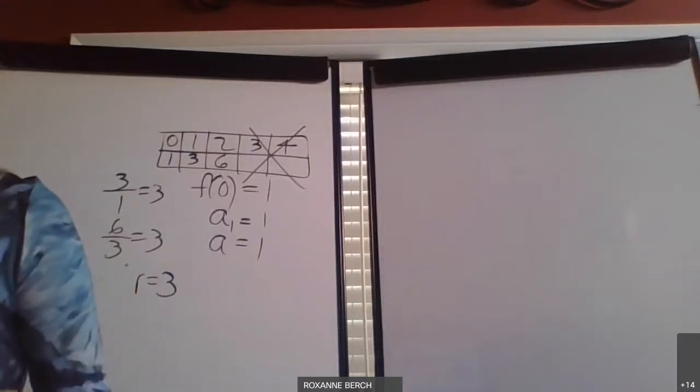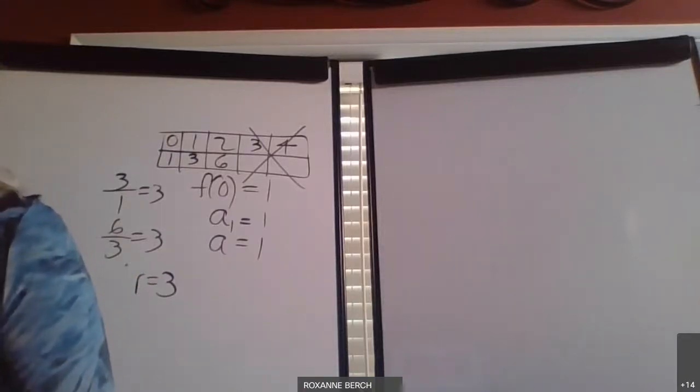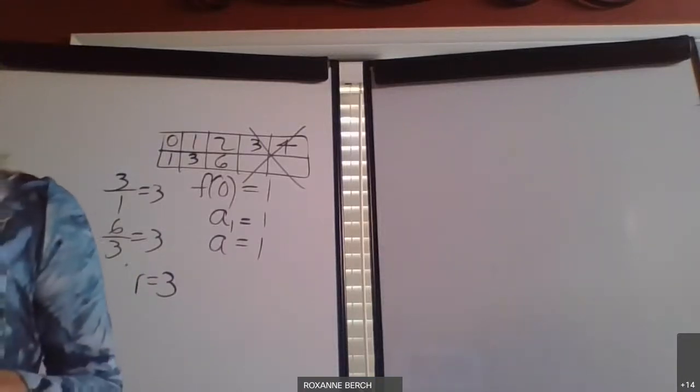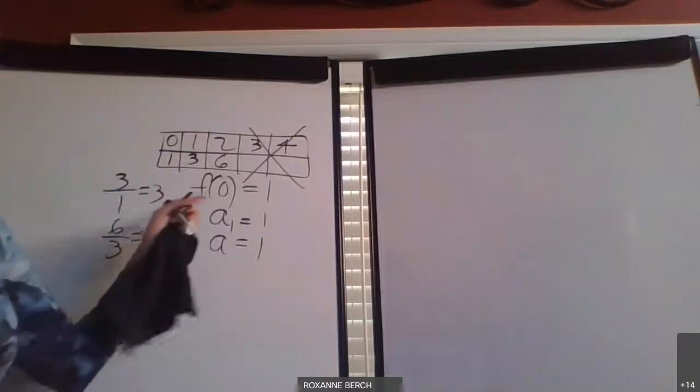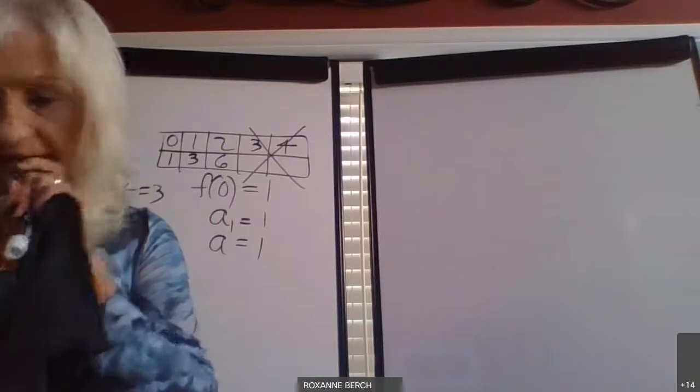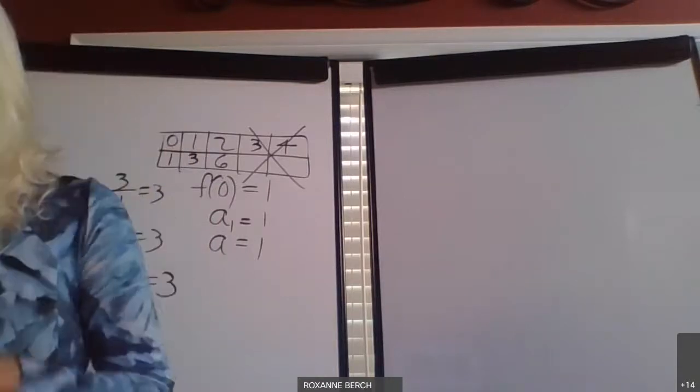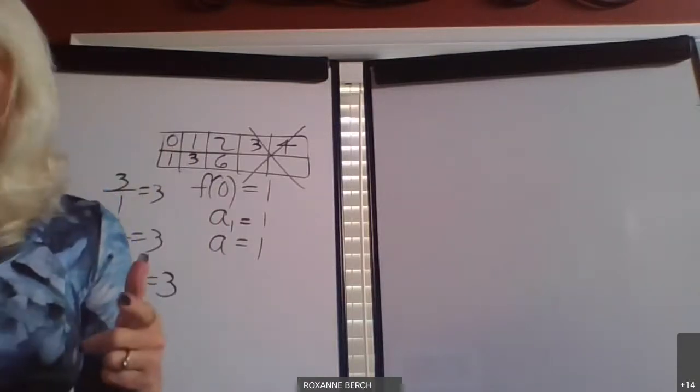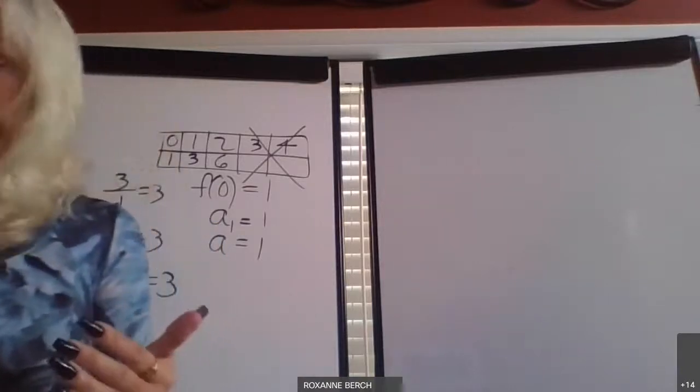So in part 2, f of 0 would be 1, right? The first term would be 1, and the common ratio in number 2 is going to be 2.